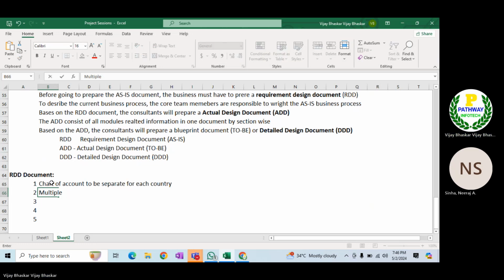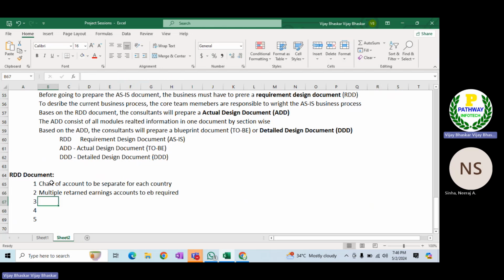The next one would be multiple retained earnings accounts to be required. Now let's say the cash account to be required.